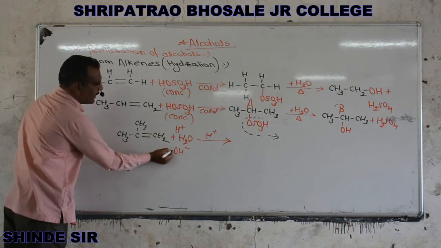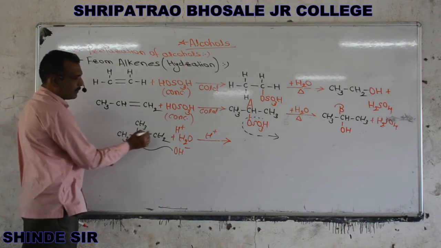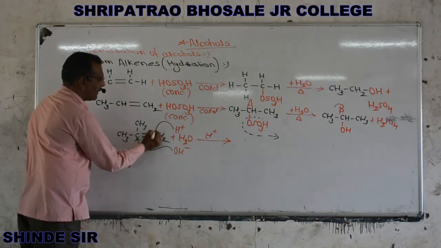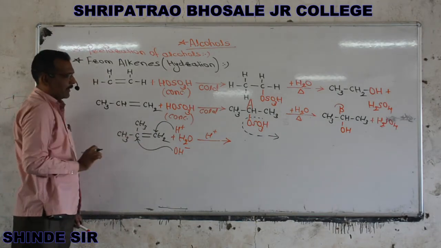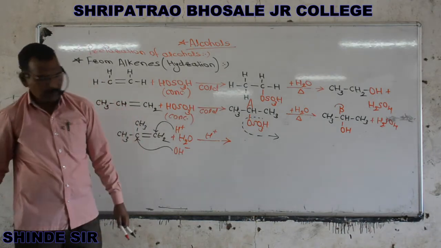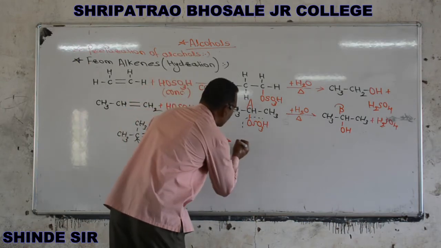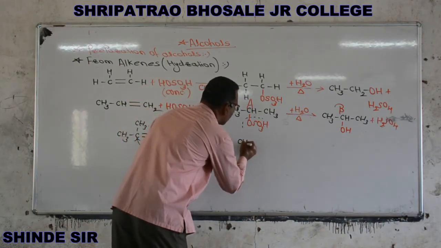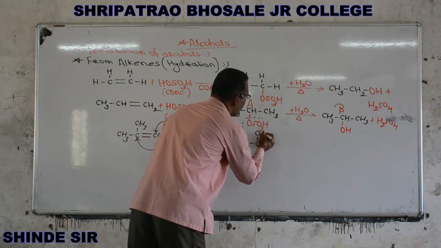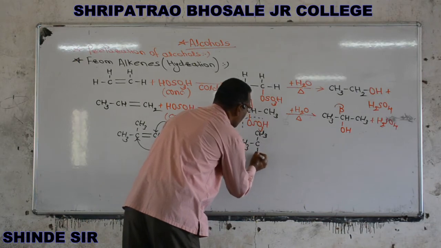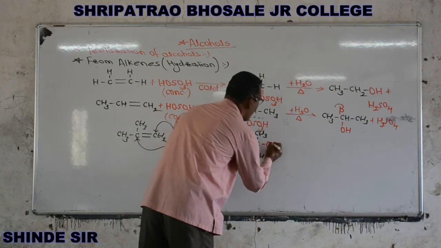The negative reagent gets added on the carbon atom containing less number of hydrogens, and the electrophile gets added on the other carbon atom. So the formation of a tertiary alcohol takes place, and this alcohol is formed.